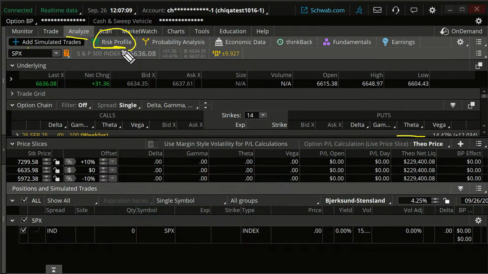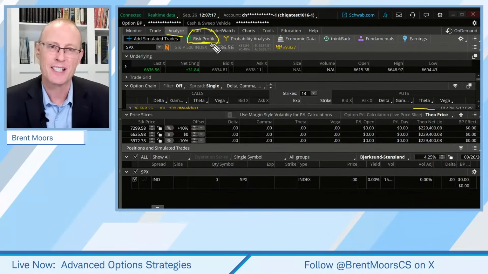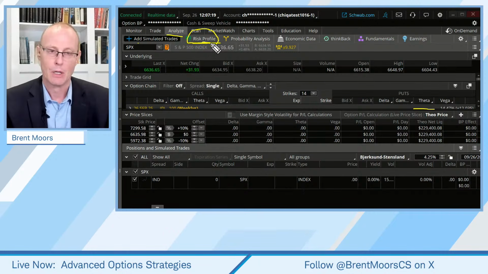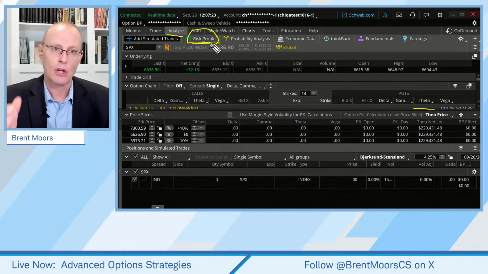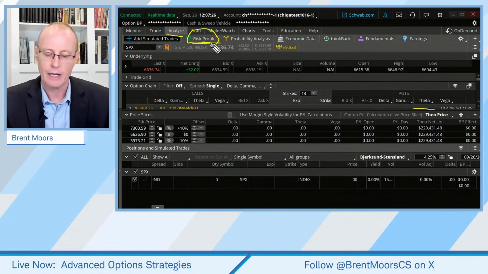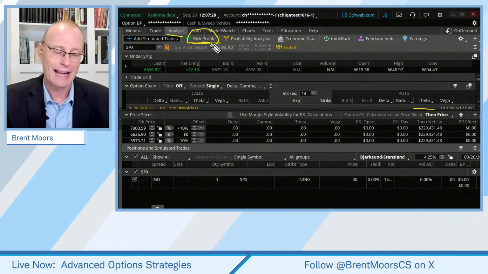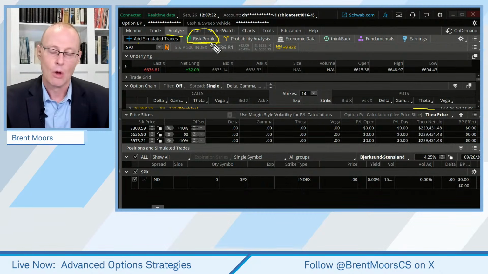But briefly, before we get to that, let me let you know why you should care about this. Because it helps inform you about the specs on the trade. It helps you visualize the trade, where it needs to go. It tells you about the pros and cons of the trade. It tells you what the max gain possibly is, what the max loss is, what the break-even points are.